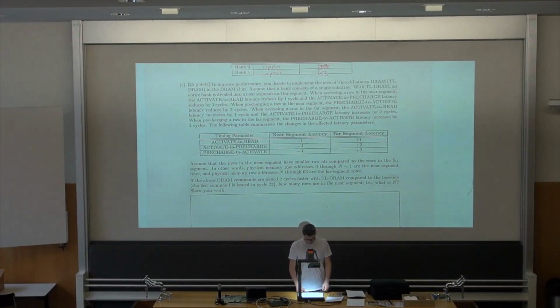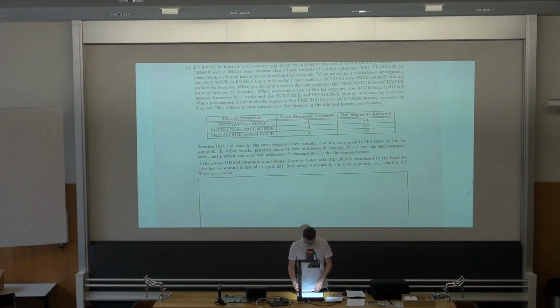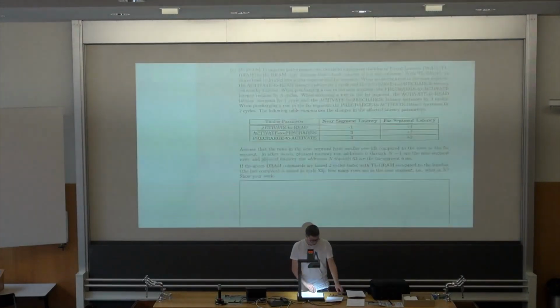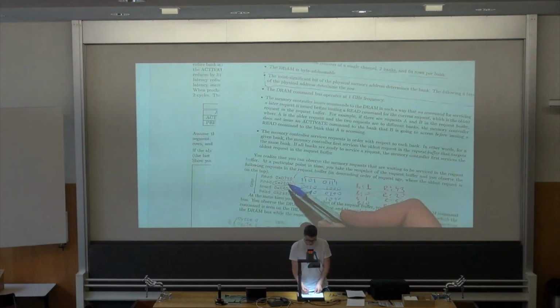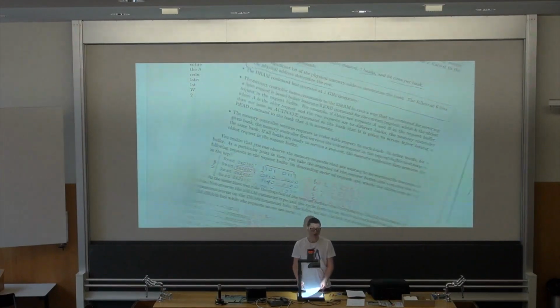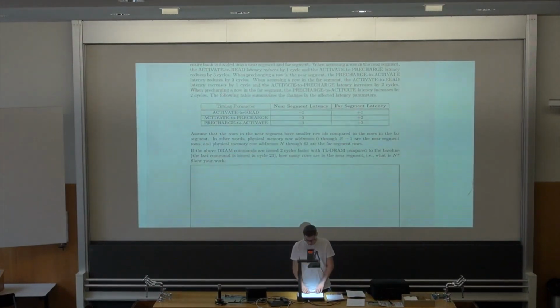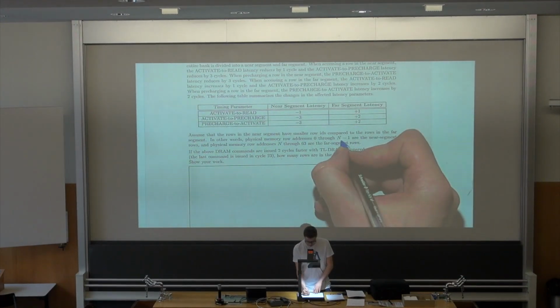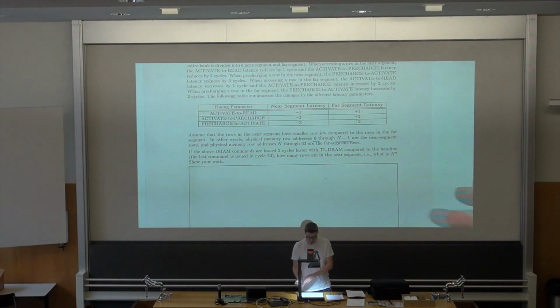Yeah, and the question is basically giving us the number of cycles that it takes to execute these requests here. If you have a TL-DRAM where the size of the near segment is defined as n-1, right? So the rows from 0 to n-1 are in the near segment.